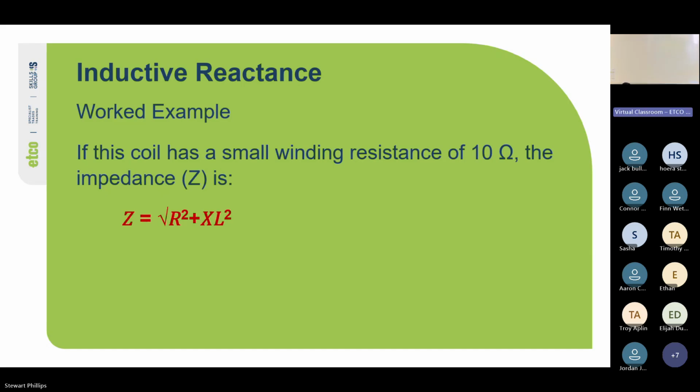Remember, because the reactance and resistance are at 90 degrees opposing each other because of the way the inductance works, we treat it like a Pythagoras theorem triangle. So it's the square root of 10 squared plus 75.4 squared.